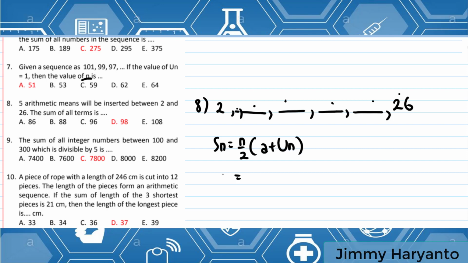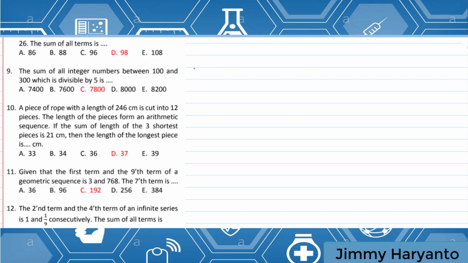So we will get S7, because from this diagram I know that there are 7 terms, 1, 2, 3, 4, 5, 6, 7. S7 equals 7 over 2 in the bracket A is 2 plus un, the last term, 26. The result will be the same, 98. This is easier.